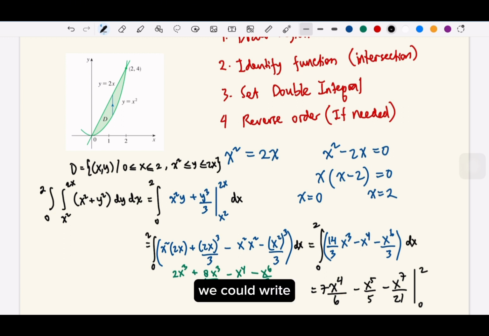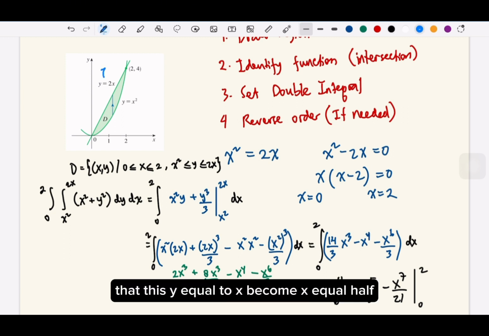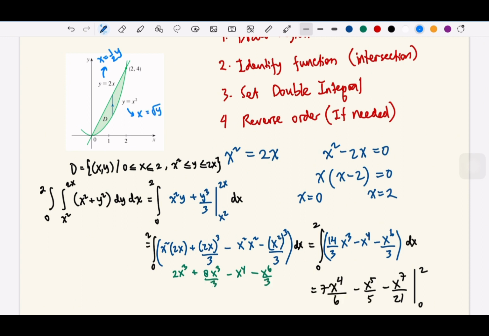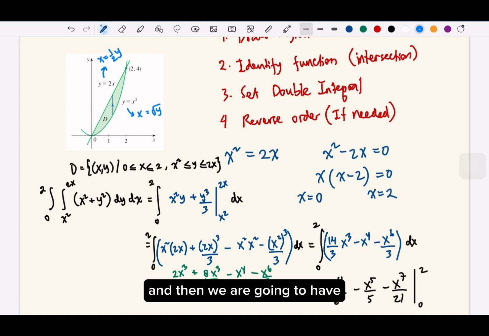So which means we could write that y equals 2x becomes x equals half y, and y equals x squared becomes x equals square root of y, right? And then we are going to have the endpoints from 0 to 4 for y.